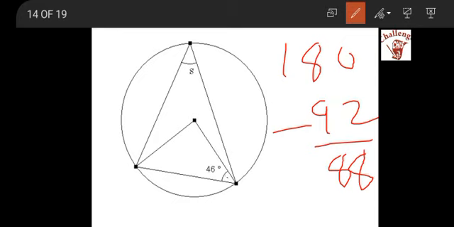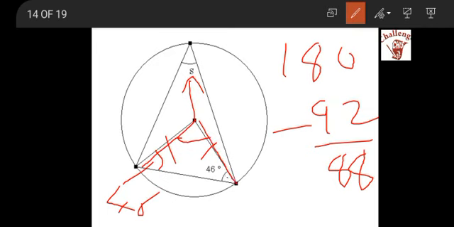That means, first of all, what are you going to find? You have to find this angle, which also equals 46, and then you have to find this angle, to find S. Those two sides are equal because it's an isosceles triangle. Why isosceles? Because the two sides come from the center and join the circumference at a chord.